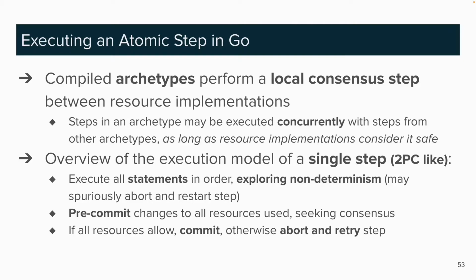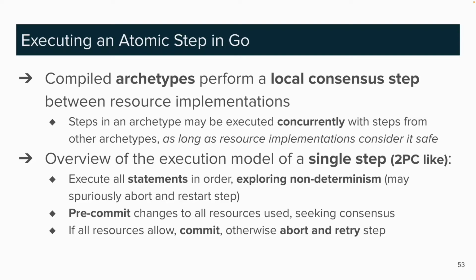So how do we, at the end of all of this, actually execute an atomic step in Go? We basically have modeled this as a local consensus step between resource implementations. We'll try to execute steps concurrently, if at all possible, and just speculatively do whatever we think might work, and do that as long as the resource implementations consider it safe.